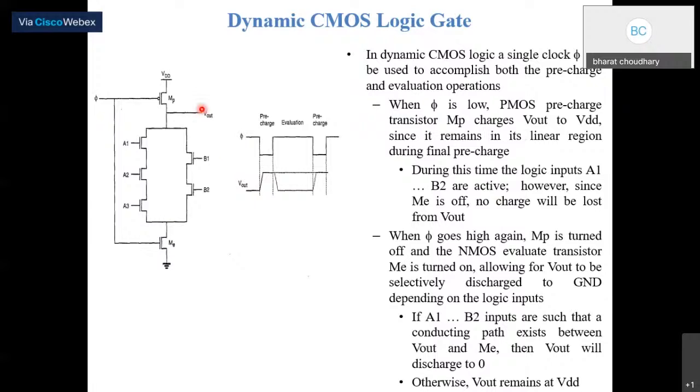Now if this clock goes high again, MP is turned off, and the NMOS evaluation transistor ME is turned on. Turned on means this whole logic gate will consume power from the supply. Not exactly the supply: a load capacitor or parasitic capacitances are there across the output.